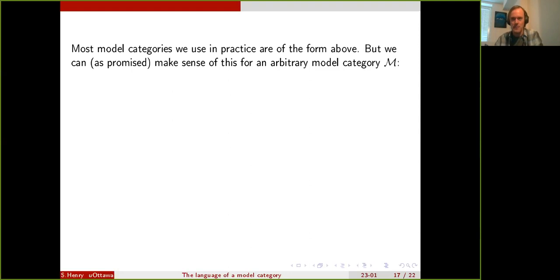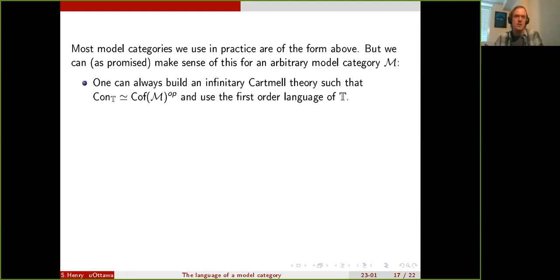So one way to do it is to say that if you have a model category M, you can always build some possibly infinitary Cartmell theory such that the category of contexts would be equivalent to the opposite of the category of cofibrant objects, and the display maps would correspond to cofibrations.